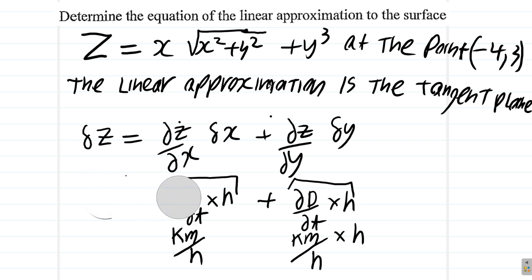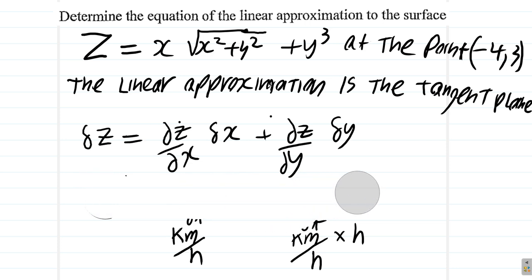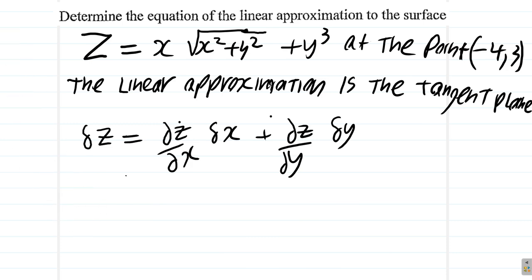You can also consider it in getting paid for work you do. The change in the amount of money you have, how much more money you have, is equal to the rate at which you work per hour times the change in hours.